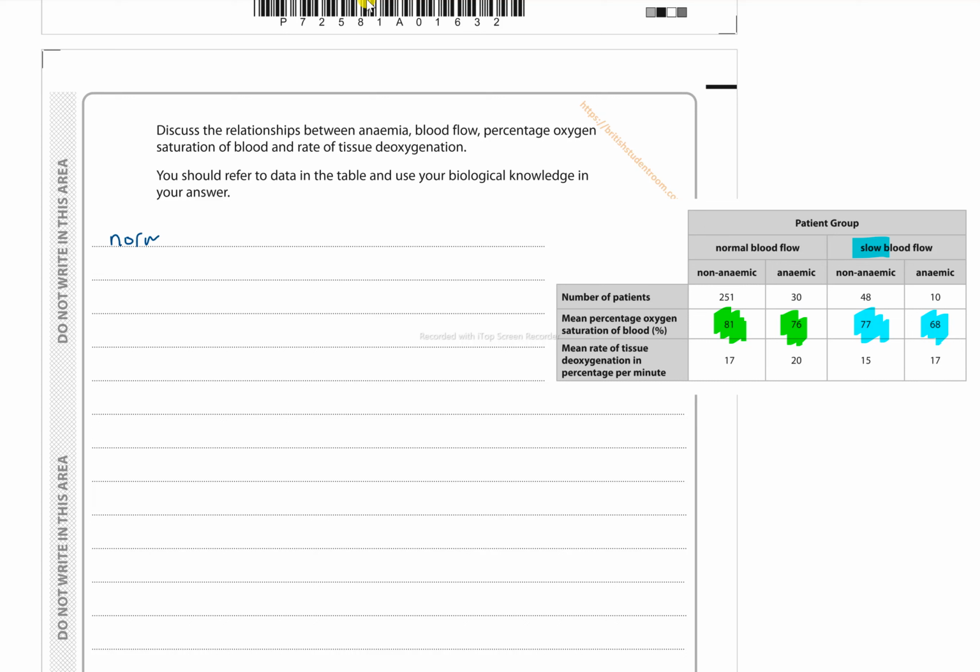So normal blood flow, percentage oxygen saturation is greater, is higher than, or when compared to, slow blood flow.